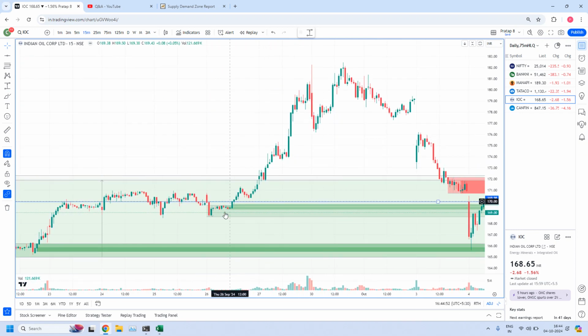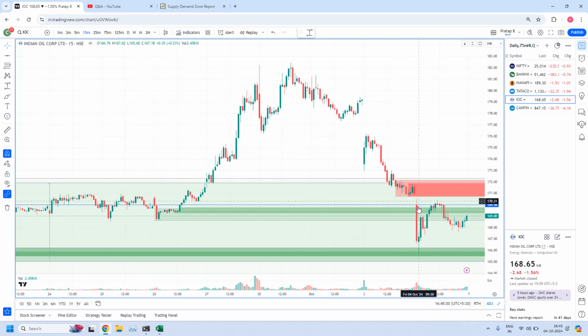Generally what people will think, by seeing the first 75 minute zone, you will be thinking about your bullish trade setup, because this zone, your 75 minute zone, is violated. See here, in this candle, the entire 75 minute zone is violated. This is the 15 minute candle. And you will be thinking, okay, my bullish trade setup is gone.